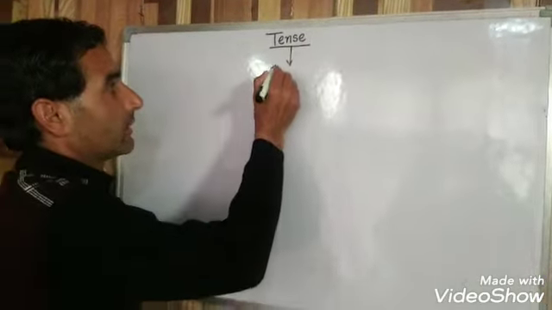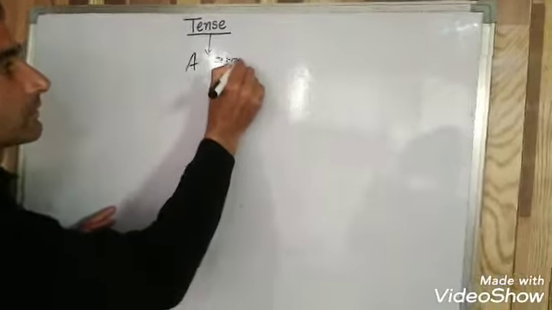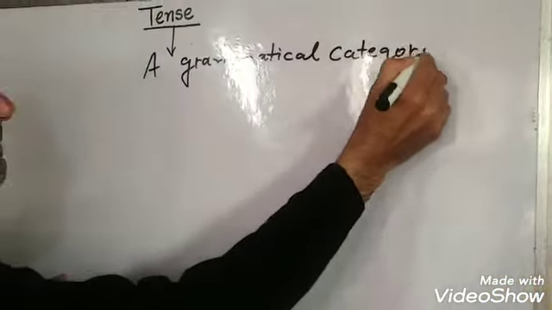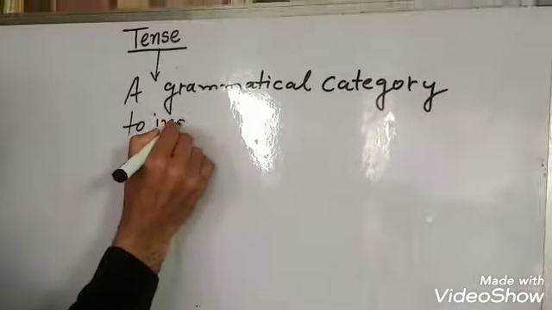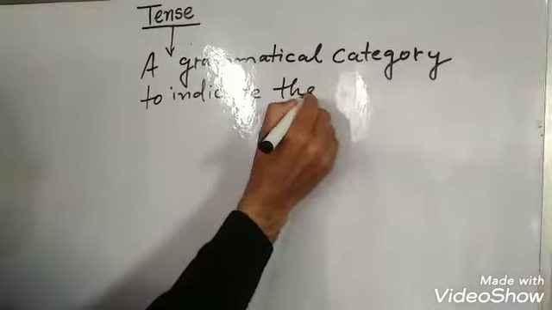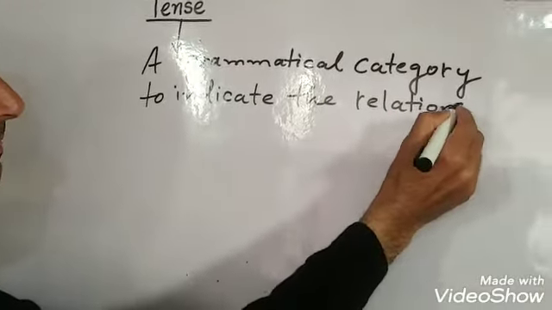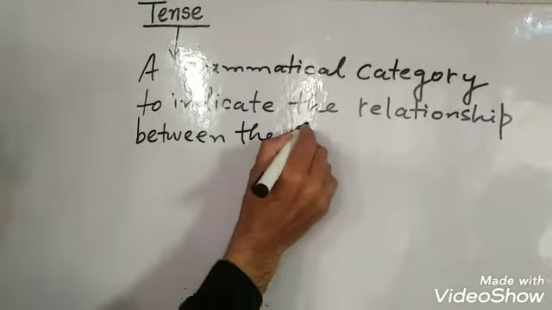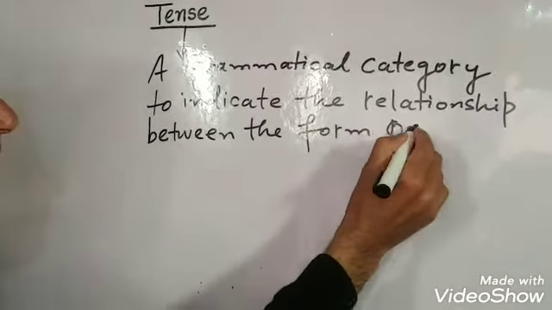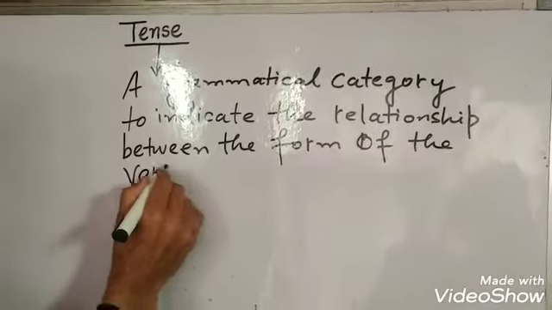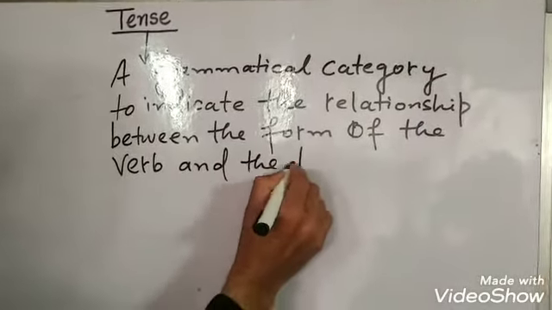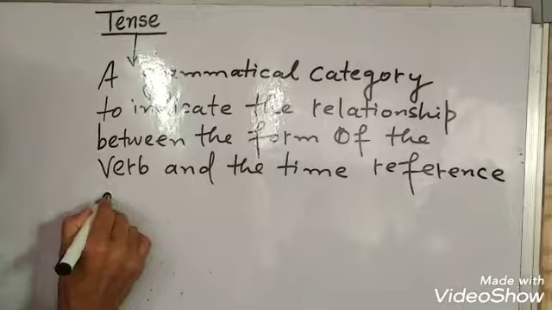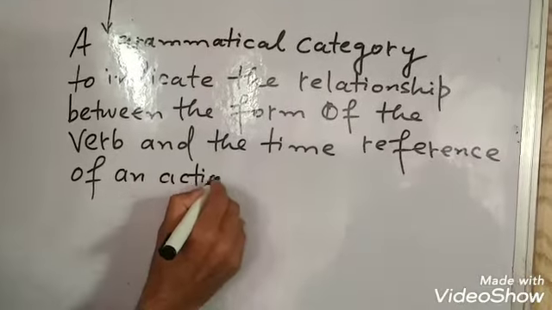I can write here: a grammatical category to indicate the relationship between the form of the verb and the time reference of an action or event.